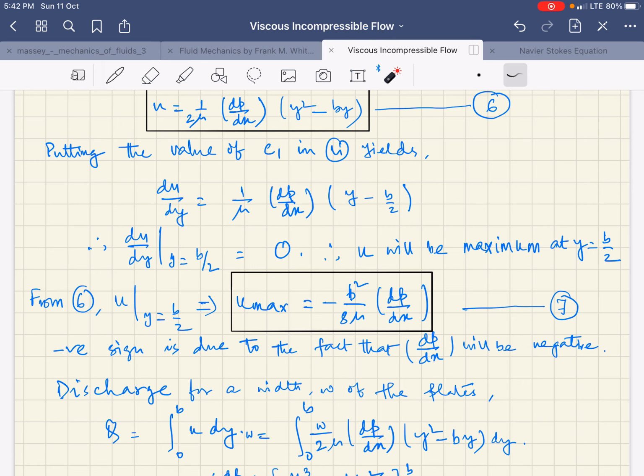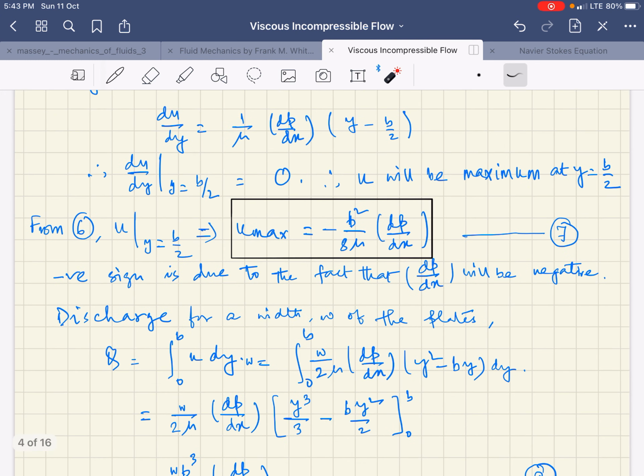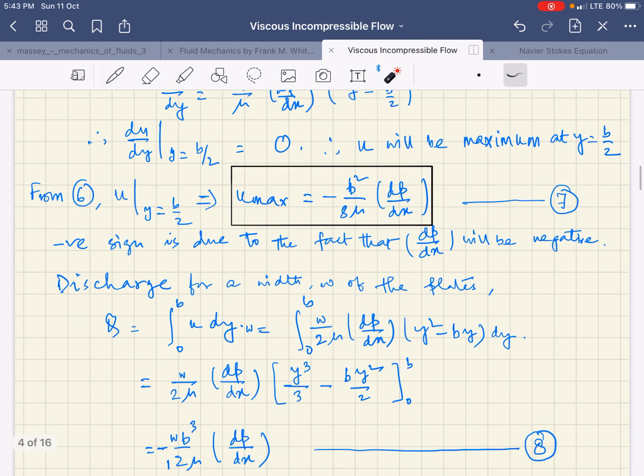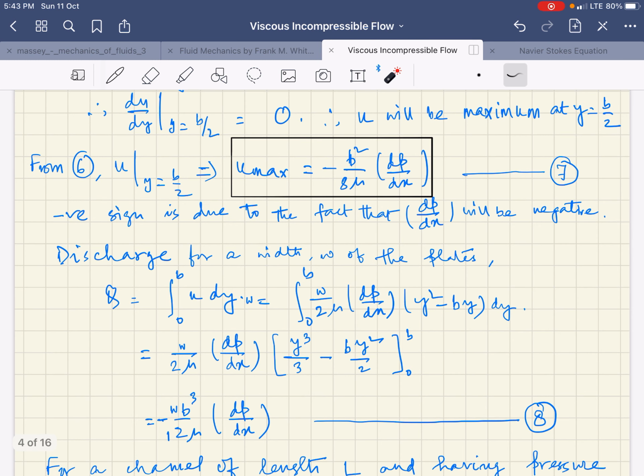So if x is my direction of flow, my dp will be negative, so dp dx is negative. Both negatives cancel out, and you ultimately get u max to be positive always. That is the reason why you are getting it as negative. It is already written here also for your convenience: the negative sign is due to the fact that dp dx will be negative.